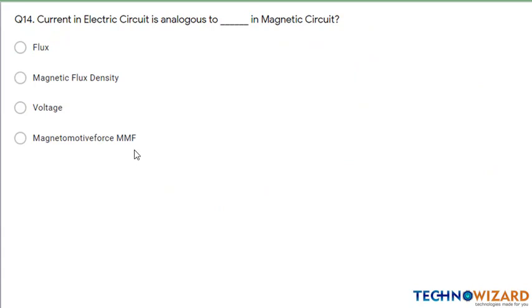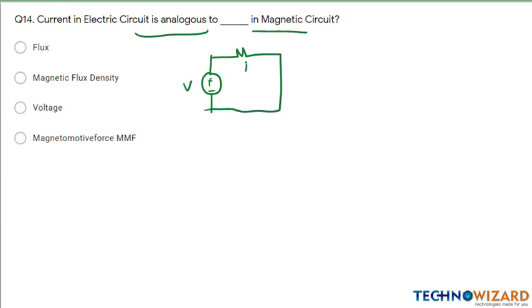Next, this is a very important question. Current in electric circuit is analogous to what in magnetic circuit? Suppose this is an electric circuit. I have taken here voltage V, this is R, and I, the current flowing through it. Now, I am making one magnetic circuit.